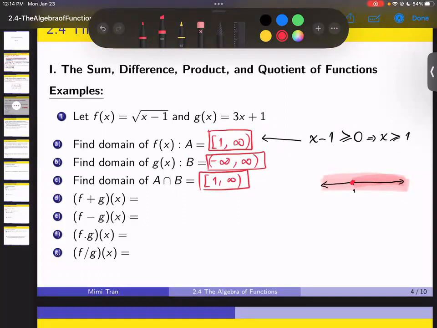f plus g of x. Again, I would recommend you write it like this on the exam. So that means the square root of x minus 1 plus 3x plus 1. Am I done there? Can I simplify more?